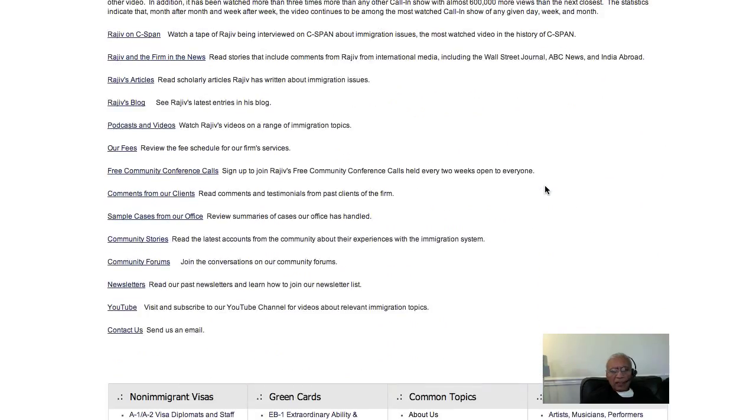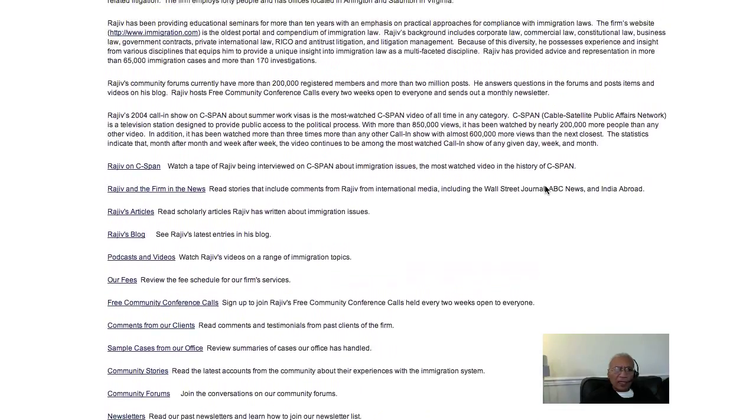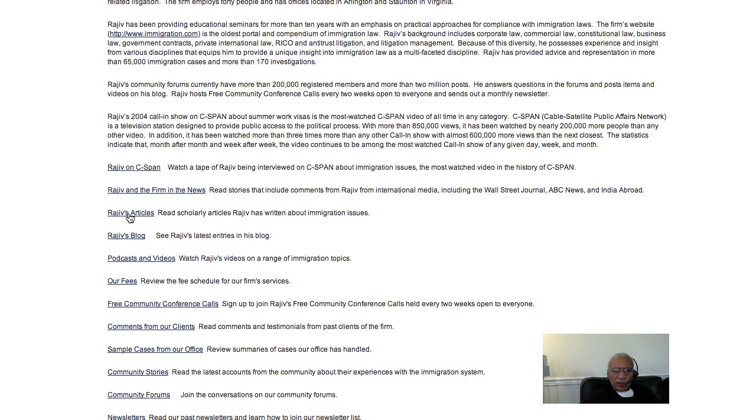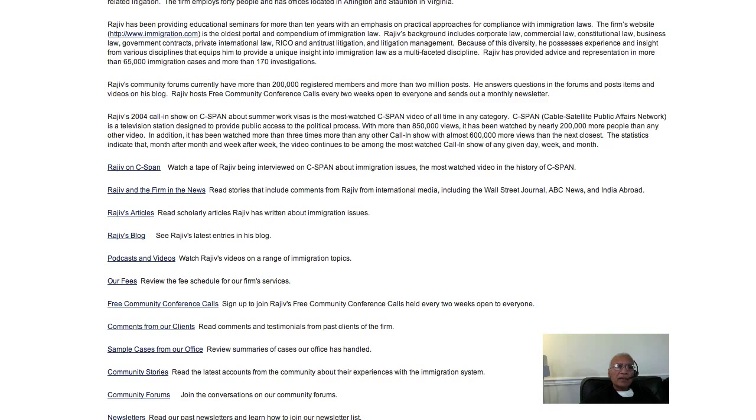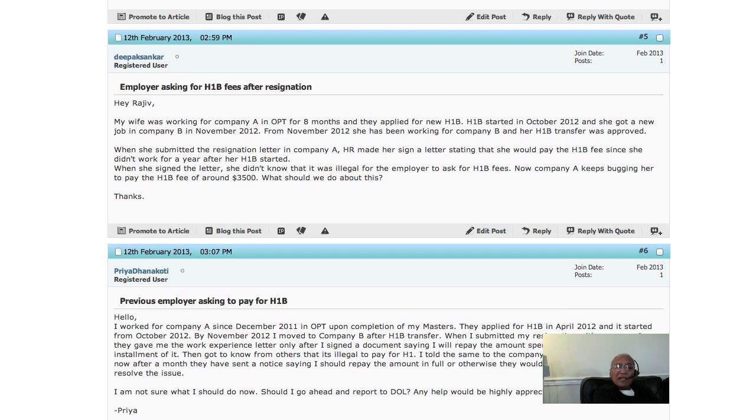And there should be a page for articles that I have written. So you click here, Rajiv's articles. The latest article I wrote is this one, which is liquidated damages clauses in H-1B visa holders' employment contracts. The point I made here is that some of these attempted recoveries are actually illegal.